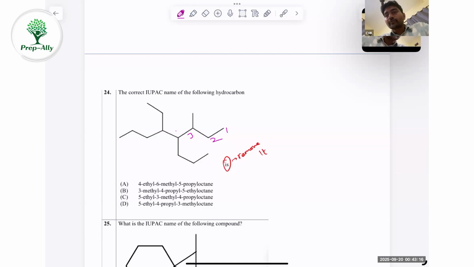Now, the ethyl group is at the 5th position, the methyl group is at the 3rd position, and at the 4th position a propyl group is there.